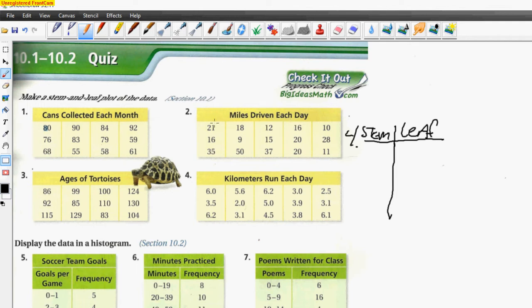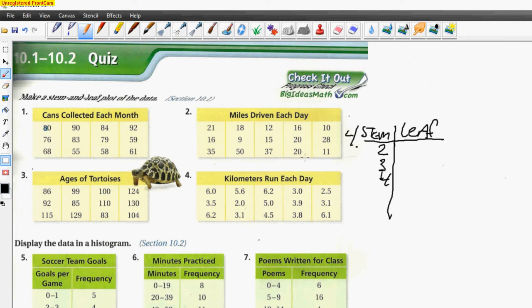So let's go with what we've got right now. Let's look at this section right here, and we're going to put everything in perspective and go from there. So we have the kilometers, and we're going to start out with the lowest number that we have. We were in the 2s. And so we're going to do 2, 3, 4.